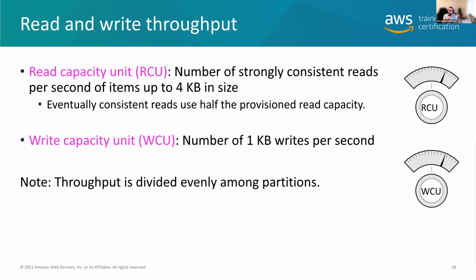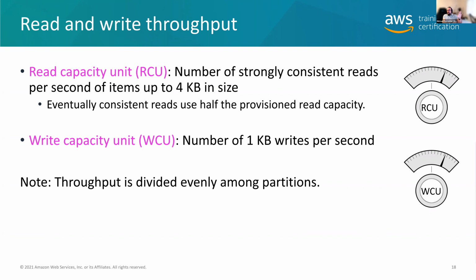Transactional reads operate at half the speed of a strongly consistent read. So it's really fascinating because you get double the speed if you use an eventually consistent read, but the cost is consistency, which is not good for financial transactions or something that's being updated frequently, like stock trading information.